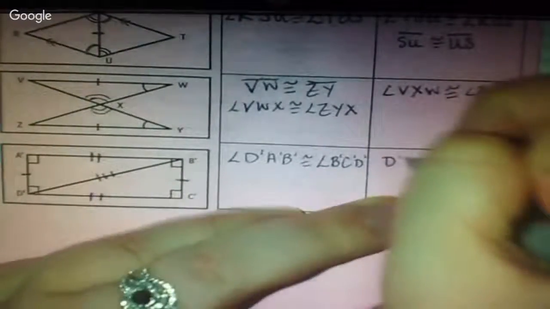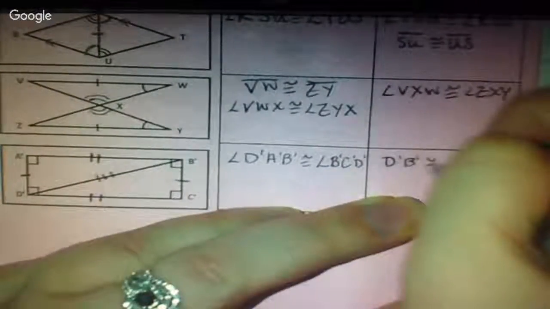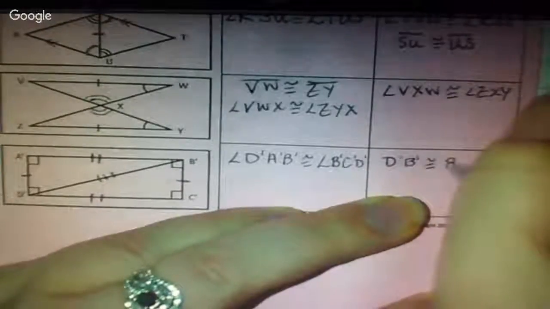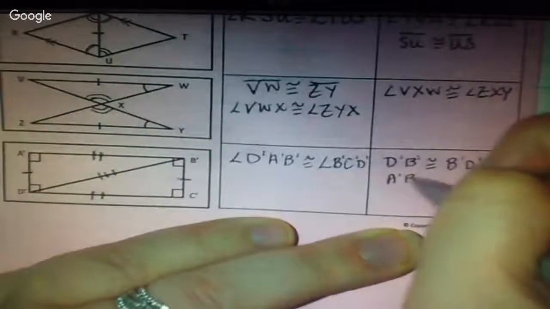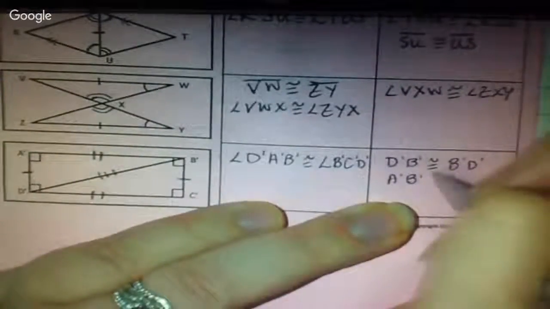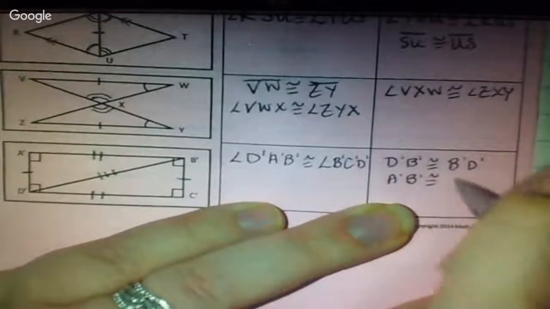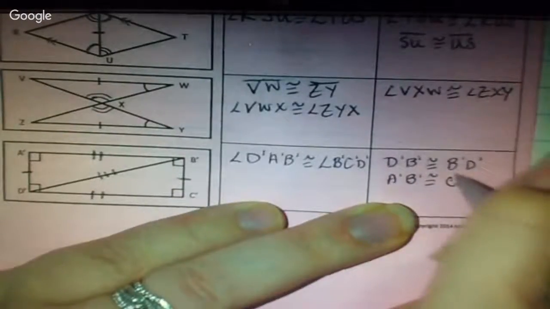You can give me that D prime B prime is congruent to B prime D prime. That's that side they share in the middle. You can tell me that A prime B prime is congruent to C prime D prime.